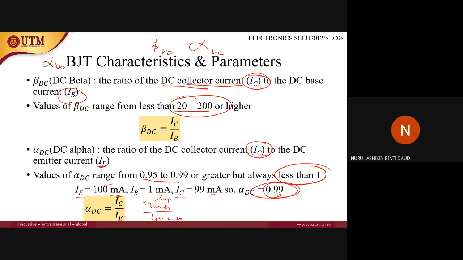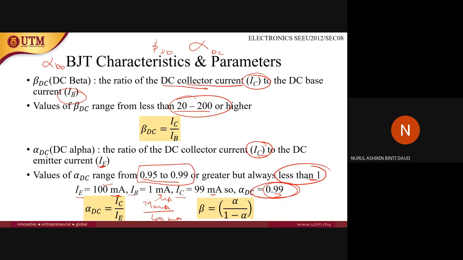Okay, so this value is usually in this range, 0.95 to 0.99, depending on how much doping there is and how the base is controlling the currents inside the BJT. All right.